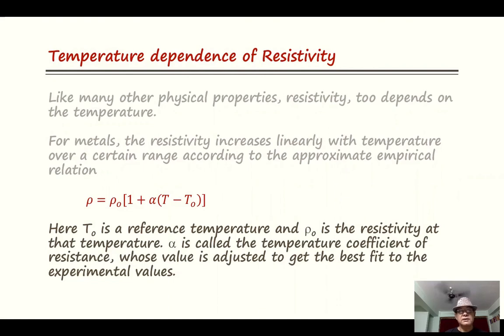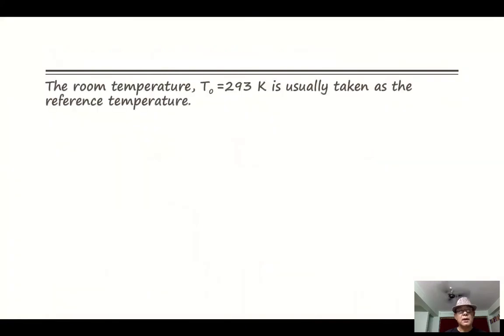Here, T naught is a reference temperature and rho naught is the resistivity at that temperature. Alpha is called the temperature coefficient of resistance, whose value is adjusted to get the best fit to the experimental values. The room temperature T naught equal to 293 Kelvin is usually taken as the reference temperature.